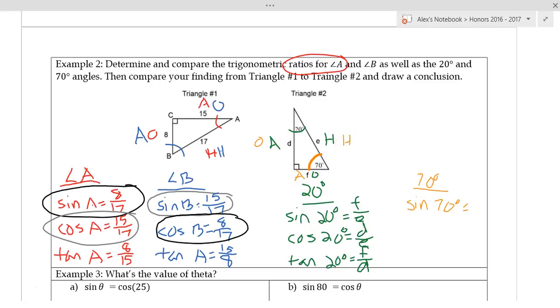So sine, opposite over hypotenuse, is d over e. The cosine of 70 degrees would be adjacent over hypotenuse, so f over e. And the tangent of 70 degrees would be opposite over adjacent, so d over f.